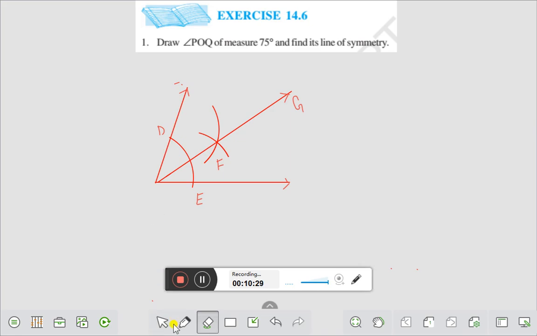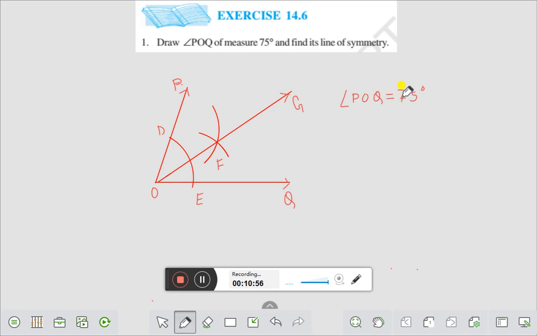Let this one be P, this one is O, and this one is Q. Here angle POQ is equal to 75 degrees, right?